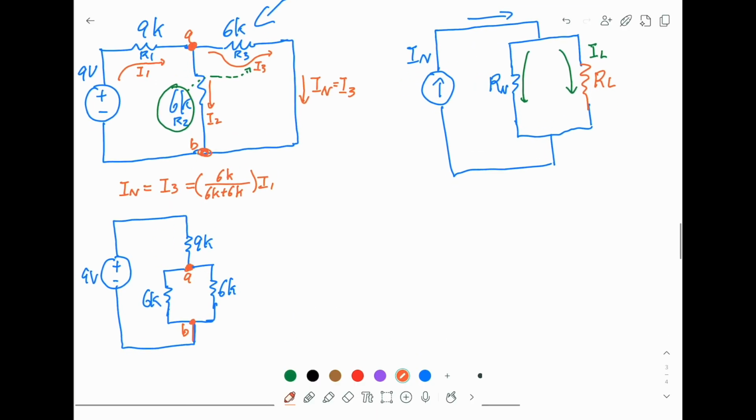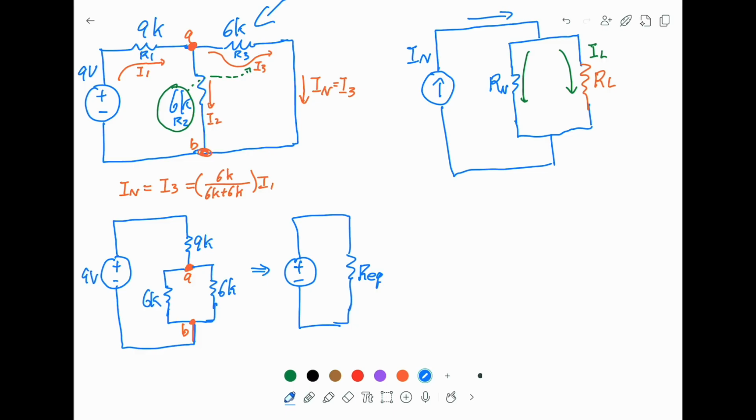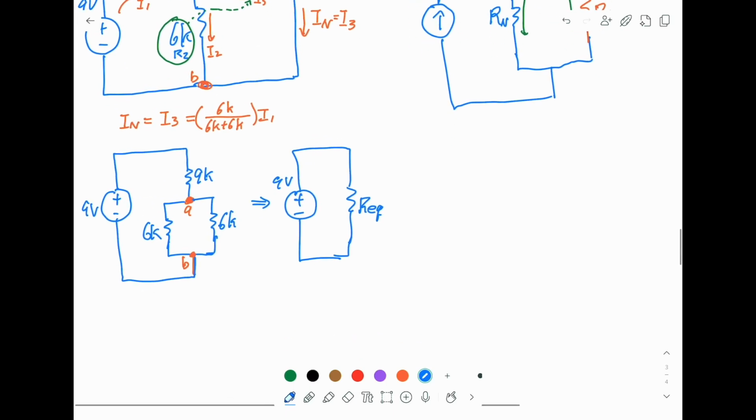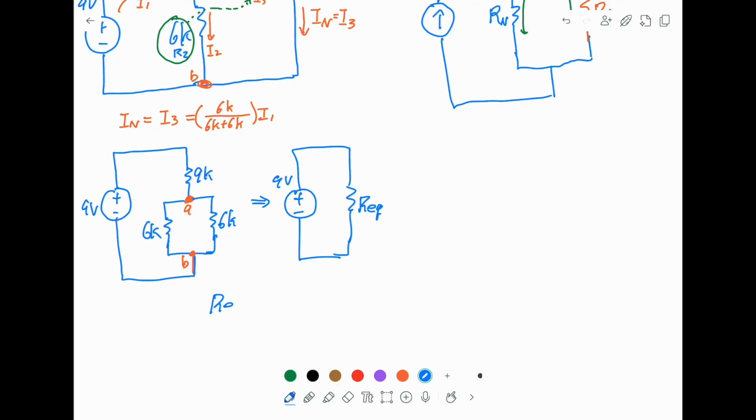So we are saying, can we find the overall equivalent resistance? And the answer is yes, because this equivalent resistance R is 9K plus 6K parallel to 6K.